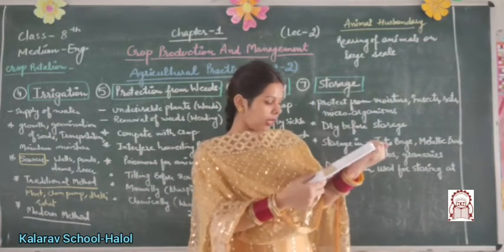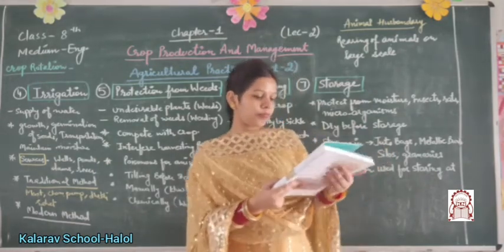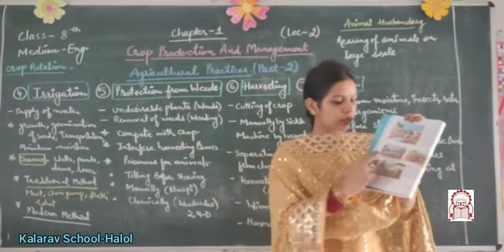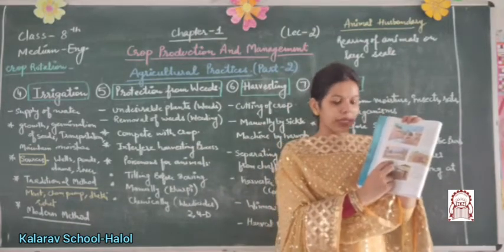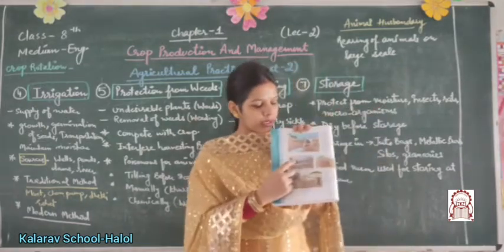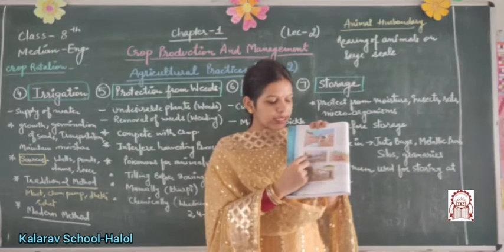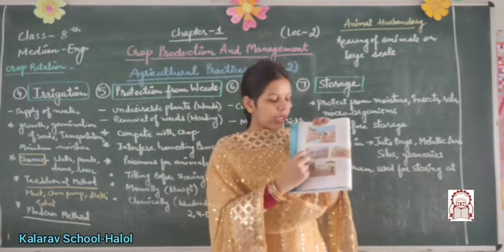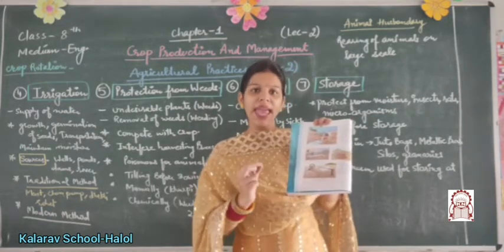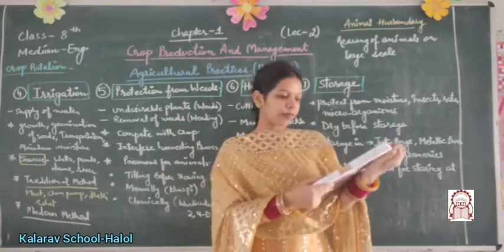Please look at page number 8. Figure 1.4. The next is figure 1.4b, that is chain pump. Here there is a pulley which is attached to a pump, and without any man's labor we can supply the water to the field.